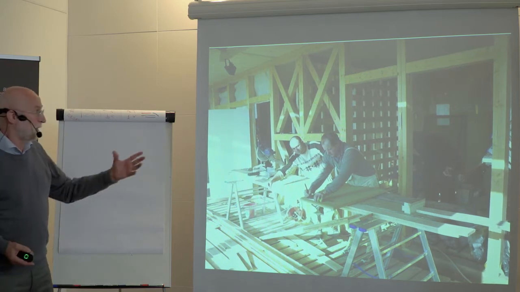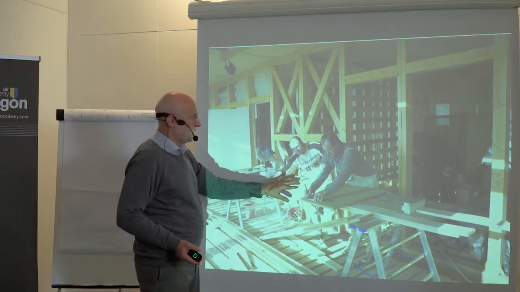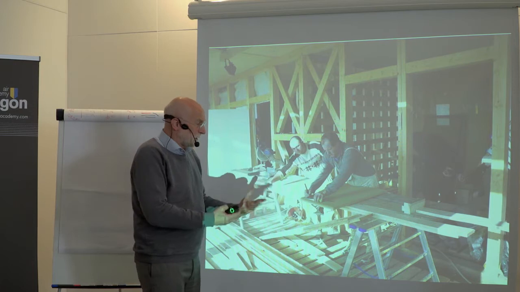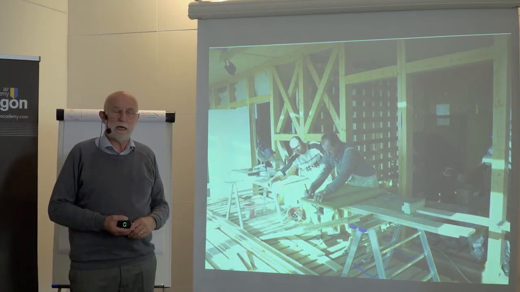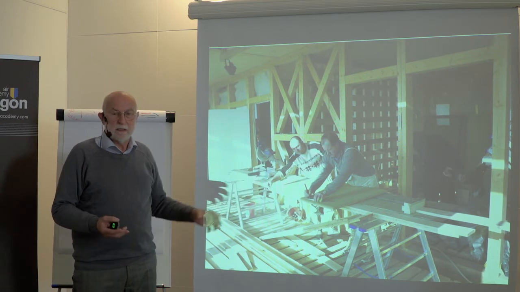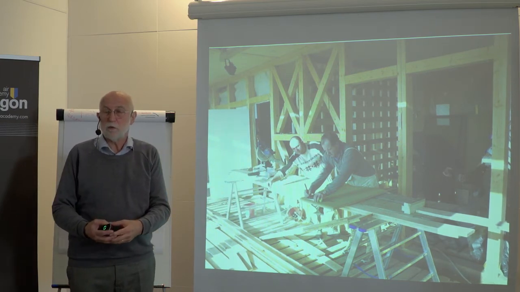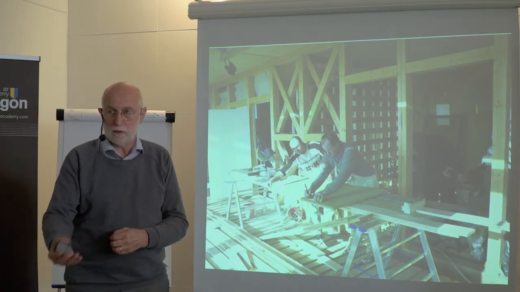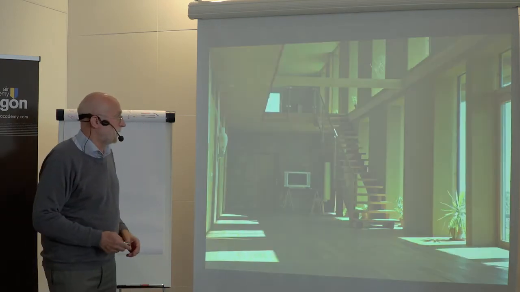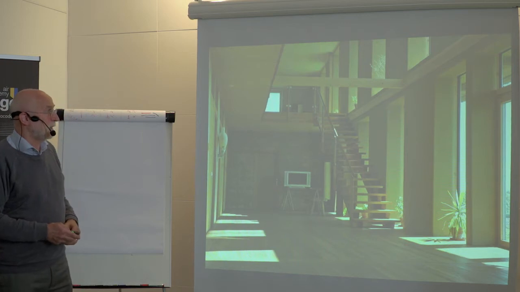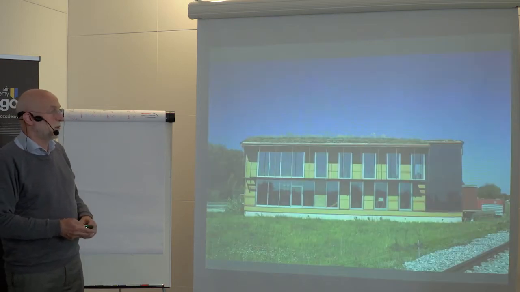These workers have very good working conditions. They are not touching toxic materials, and the client was arguing in this building that the rest in the vacuum cleaner can go to the compost. You don't have to give it to a special depot. It's the inside of the building, and that's what the building looks like.